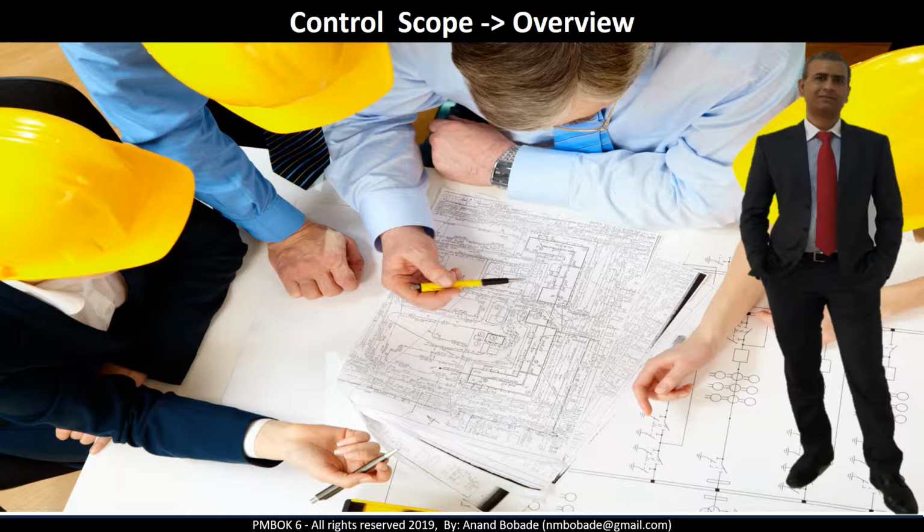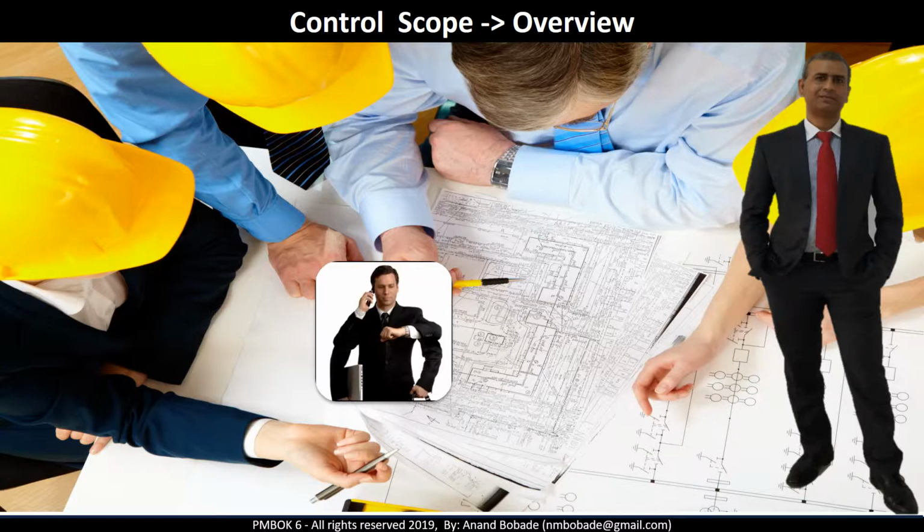Controlling project scope ensures all requested changes and recommended corrective actions or preventive actions are processed through a proper integrated change control process. Control scope is also used to manage actual changes when they occur and is integrated with other control processes.